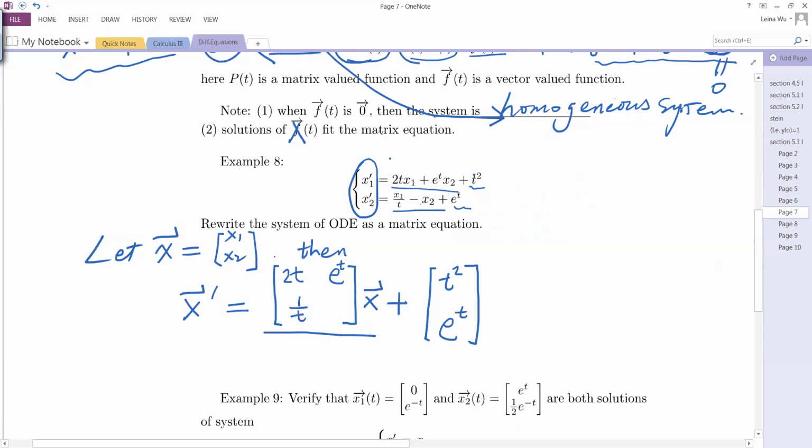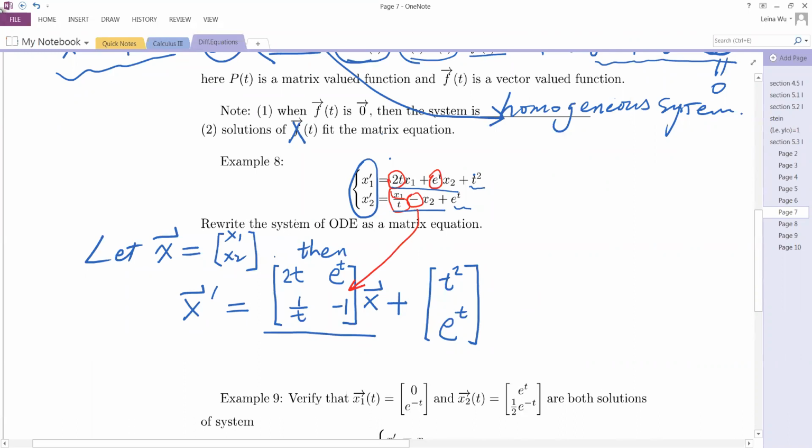And lastly, we have -1. Is that good? Yep. Okay, so we're just pulling out these coefficients, and put these coefficients into this matrix, right?